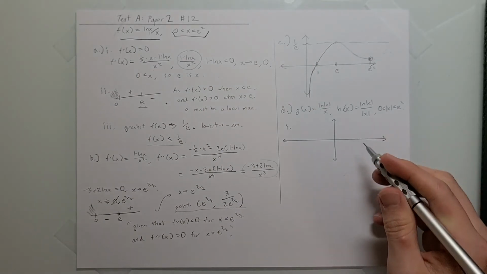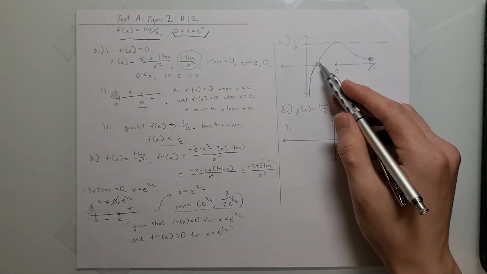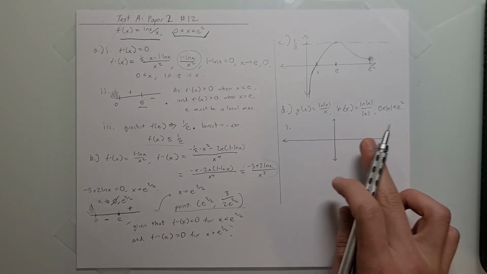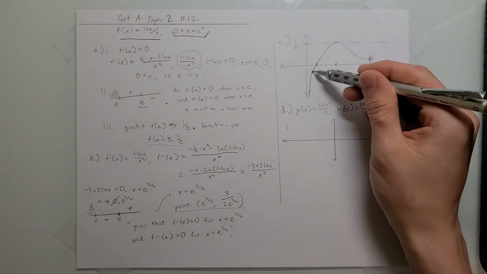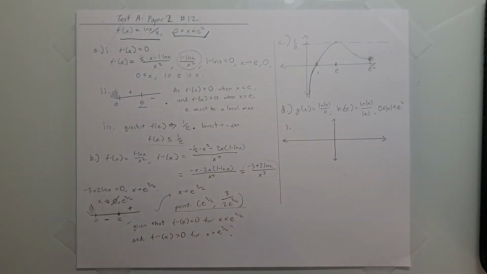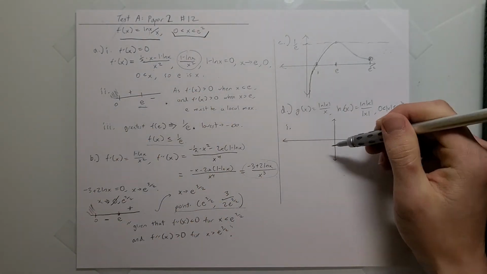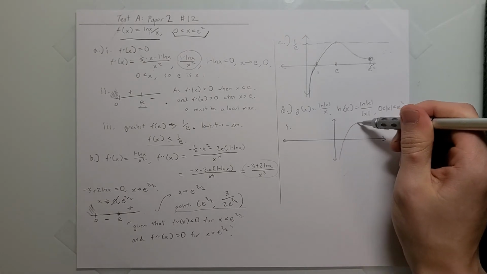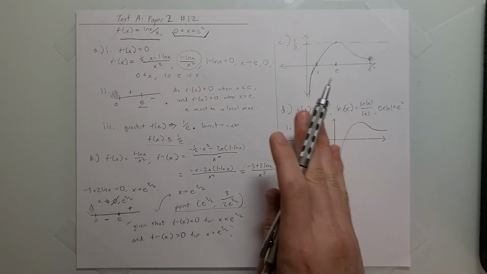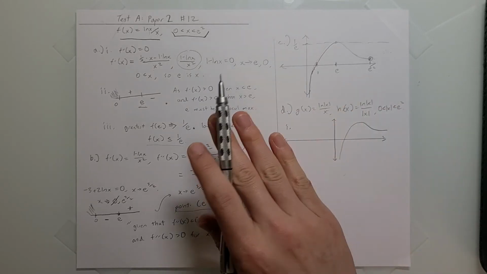But we know that g of x, at least for any value of x that's positive, is going to be exactly the same as ln of x over x, right? Absolute value doesn't change anything when the x is positive. So let's just sketch that. Now what happens when we change x to be negative? Well, if we change x to be negative, this entire thing is flipped over, like a mirror.